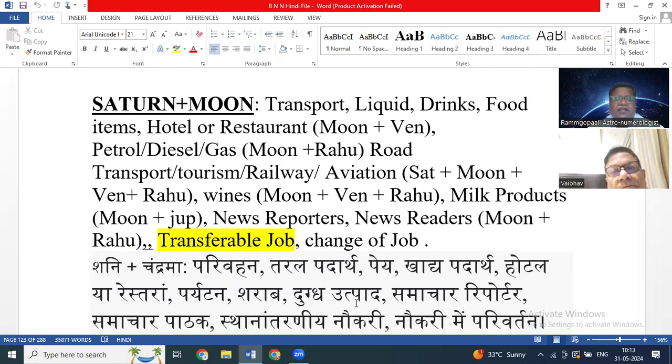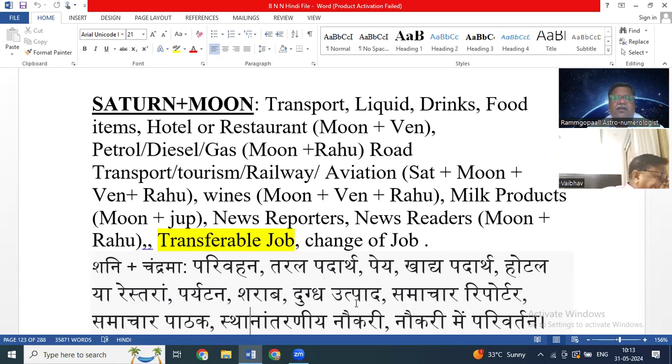But when it comes to liquid like for example diesel, petrol, so Moon के साथ राहु भी होना है, Saturn के साथ Moon और राहु भी होना है. Rahu burning gas, diesel, petrol.